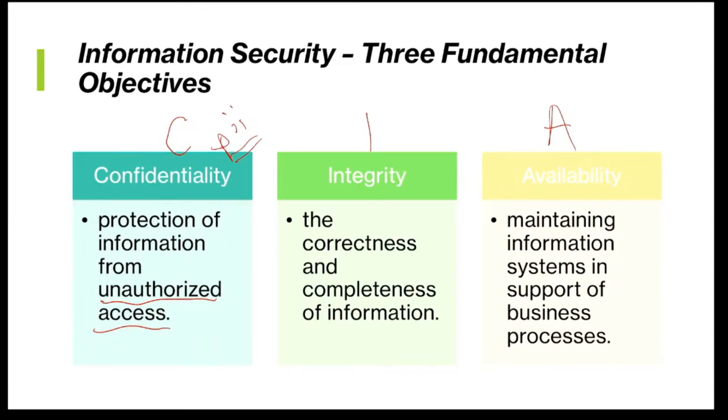We must ensure that the information, especially personally identifiable information, or PII, can only be accessed by persons with authorized access. This is important in maintaining the organization's image and complying with privacy laws. A possible risk associated with confidentiality includes information security breaches, allowing for unauthorized access or disclosure of sensitive or valuable company data. Next, integrity, which is the correctness and completeness of information.